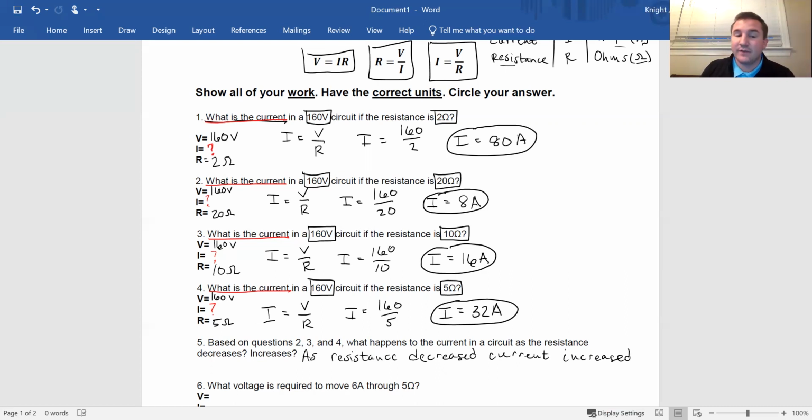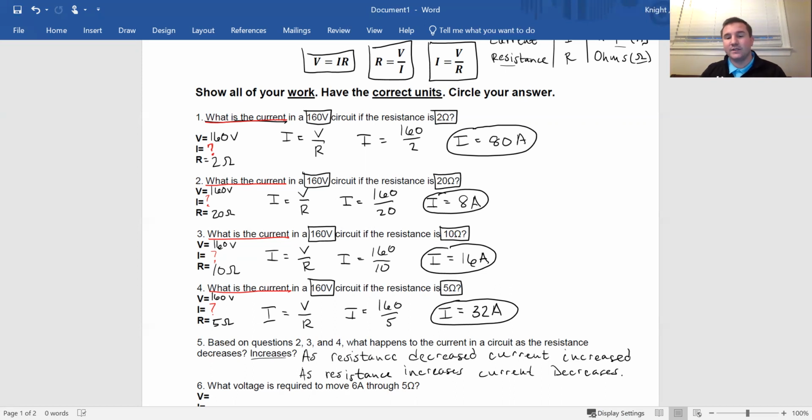And the opposite of that should be true too, right? If resistance increases, current should decrease, because we get less current.